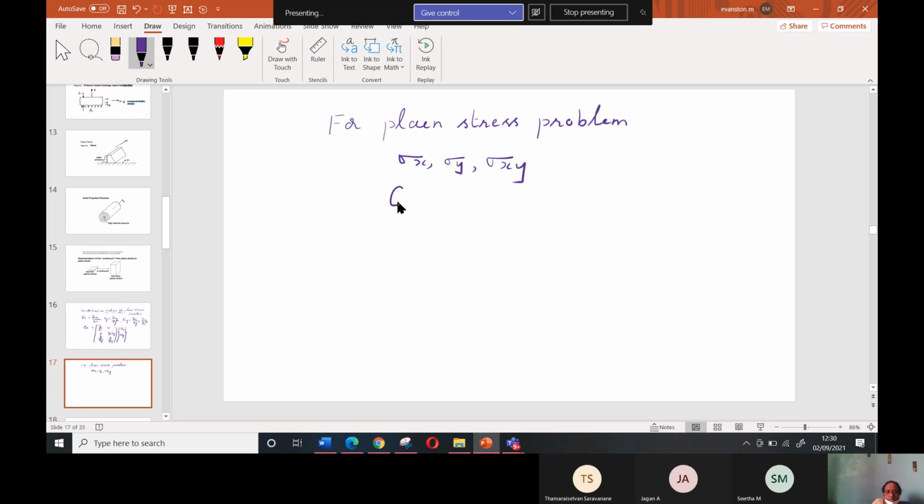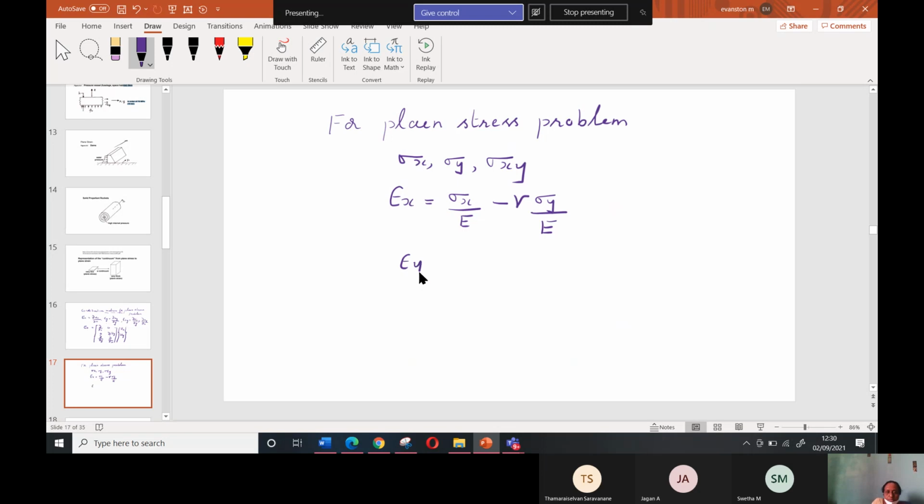So already we have learned epsilon x is equal to sigma x by E minus mu into sigma y by E. That's the Poisson's ratio.